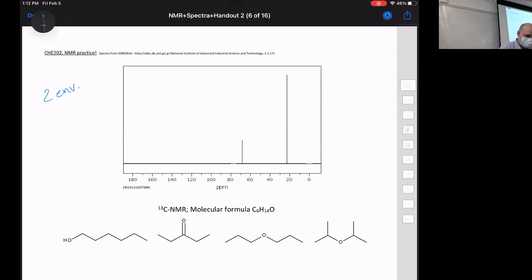Okay, good. So this is just kind of alkane carbon. All right? The next one is between 60 and 70. Yep. So that's carbon attached to an oxygen. Okay. And that's it. So do you have any alkenes? No. Do you have any carbonyls?